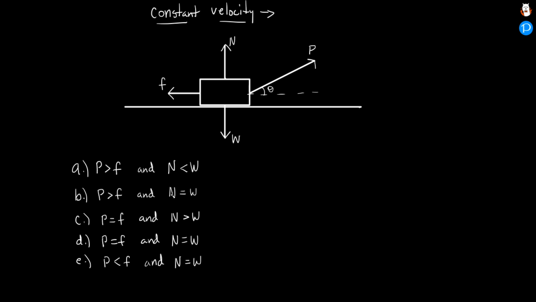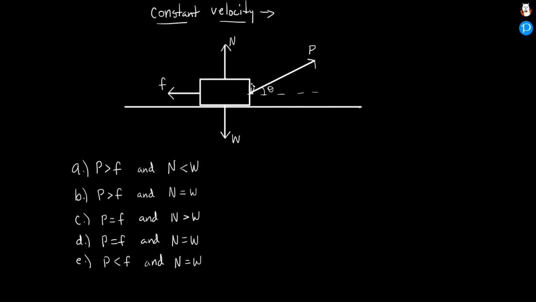If the normal force was equal to the weight in this case, if this force and this force were equal, that means the box would actually be accelerating upwards. It would be lifted off the ground. The reason we know that is because I've also got this pulling force, which we can break up into its components.